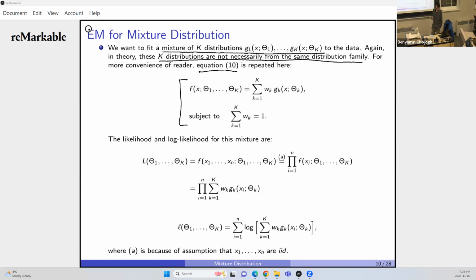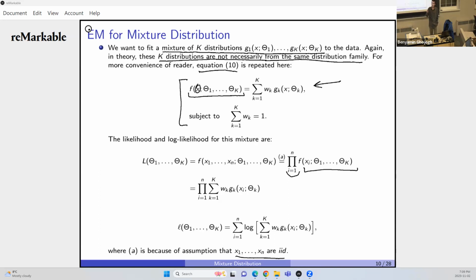The likelihood first. The likelihood of this is multiplication of these f's, for i from 1 to n. Note that this is for one x, right? Now assume I have several x's, x1, x2, and so on, and they are IID, independent and identically distributed. So as I have said here, x1 to xn.